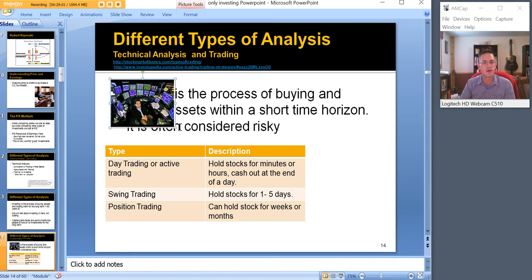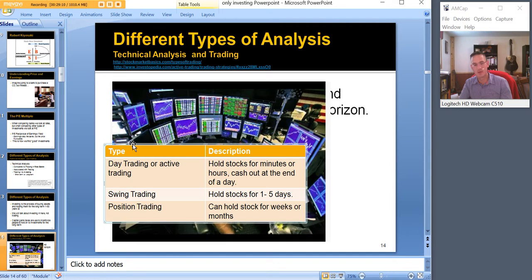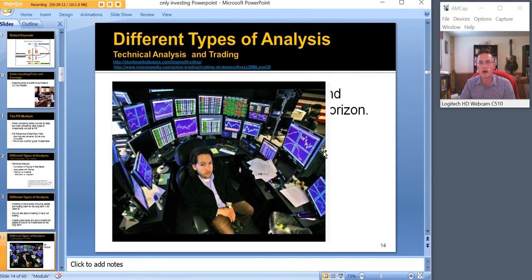Now, one of the things I want you to think of is, if you were to buy and sell stocks at high frequencies, maybe with a TD Ameritrade account, because you think you're going to make money off it, imagine the person on the other side of that trade, selling those shares, looks like this person with all these computer screens and everything else in front of them, and that is the one selling it to you.